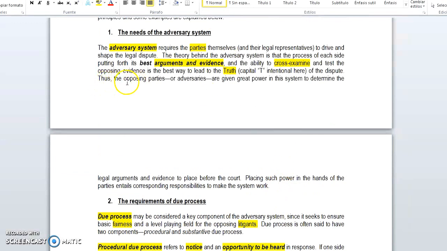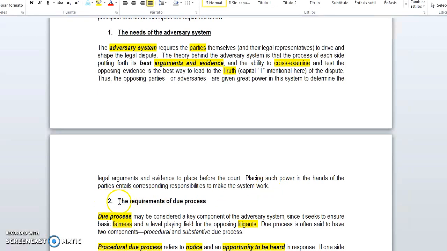Thus, the opposing parties or adversaries are given great power in this system to determine the legal arguments and evidence to place before the court. Placing such power in the hands of the parties entails corresponding responsibilities to make the system work.